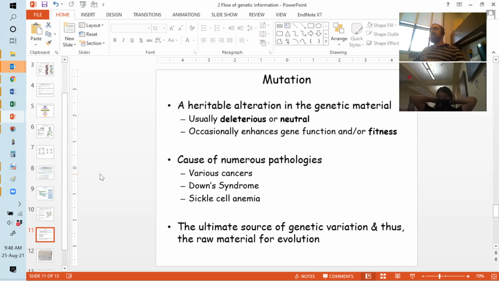So even if that mutation made you the most attractive person in the world, or the brainiest person or whatever, doesn't matter. Well, it'll matter to you maybe, but in terms of inheritance, that stops just there.